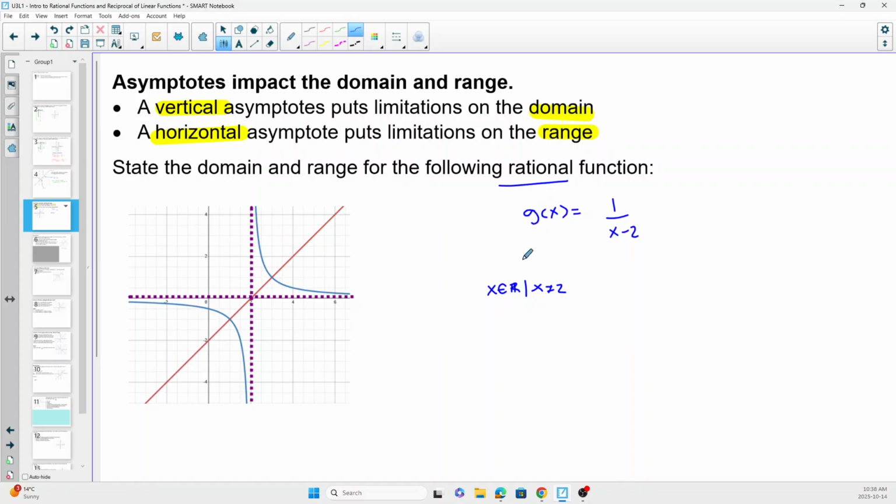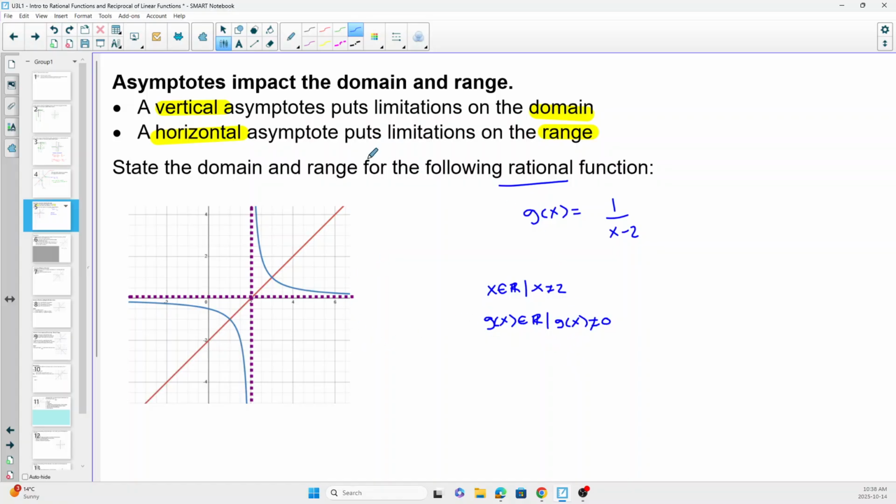So we could say y, or we could say g at x. It doesn't matter. Let's say g at x is an element of the real number system such that g at x cannot equal 0. Okay, this function can never equal 0. We have a horizontal asymptote at y equals 0, or at g at x equals 0.